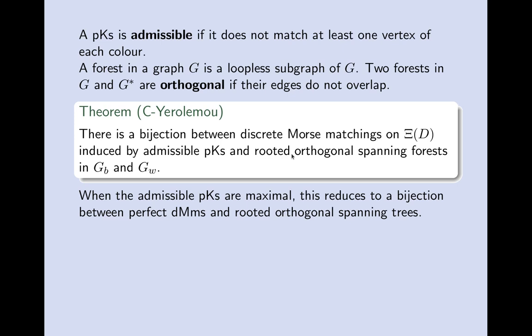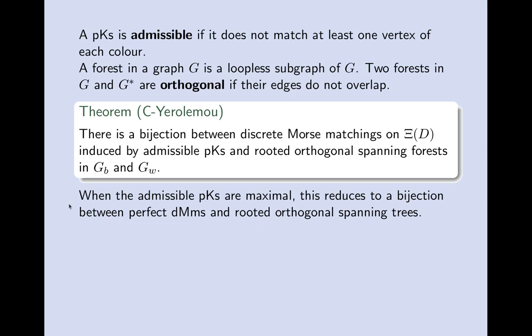Rooted just means that again there is a preferential vertex in each of the connected components of each of these forests, and this could be, as we saw before, for example, even isolated components made only by a vertex.